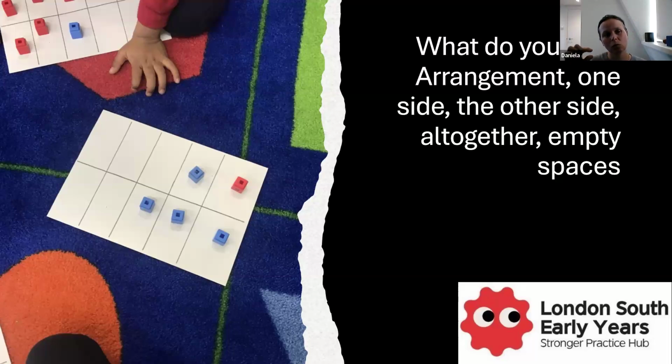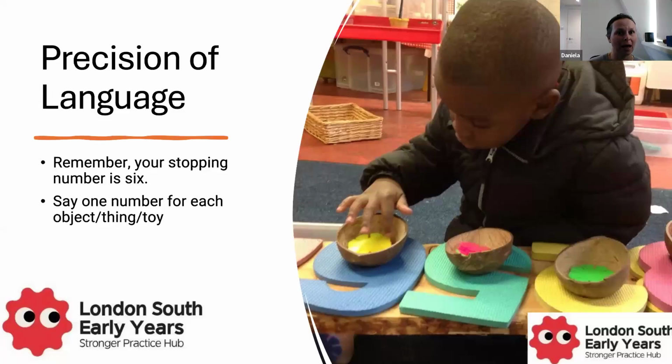These are all words that we cannot assume children understand. We have to go through playing games with them to work out how proficient they are in understanding these words. Because maths is all about being really precise. It's not left to interpretation. It is about precision. And that's why we need to be precise with our language.